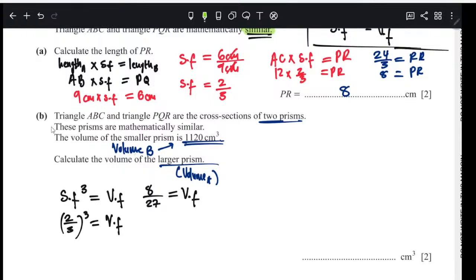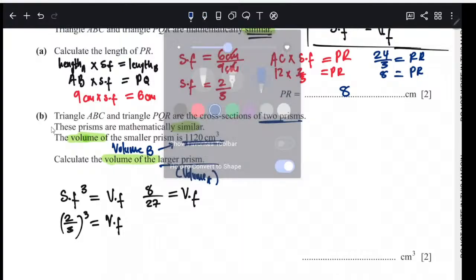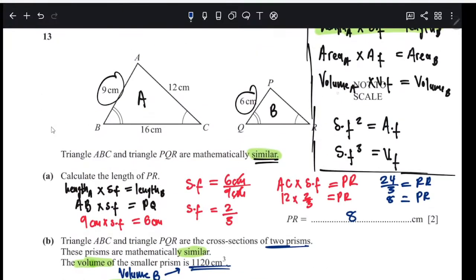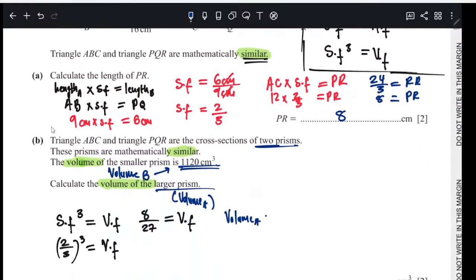No. I saw we are now dealing with volumes. Similarity on volumes. So we need volume factor. Now what will we say? We will say volume. We now use the formulas. Since we now have volume factor, we now use the formulas. Volume of A times volume factor gives us the volume of B.